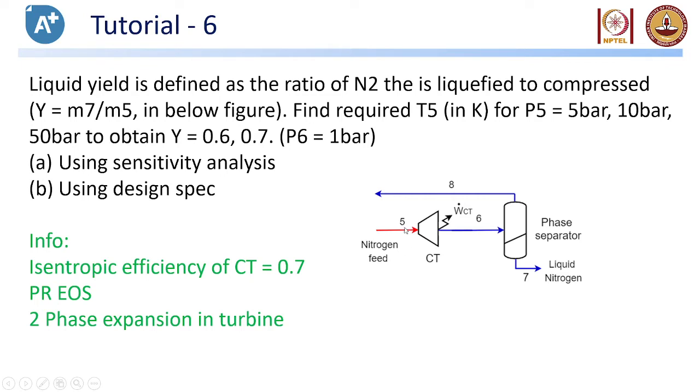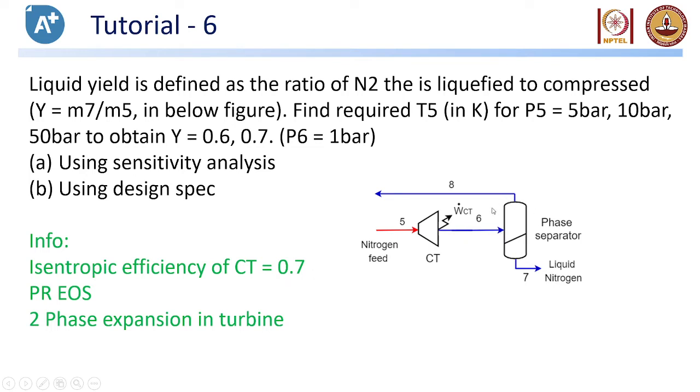The pressure of stream 5 is 5 bar and the temperature is unknown. Let's start with 120 or 130 Kelvin. The flow rate is 1 kg per second of nitrogen. This is expanded to 1 bar, so P6 is 1 bar, through a turbine. Since it operates below 123 Kelvin, it is called a cryoturbine. The cryoturbine has an isentropic efficiency of 70%.